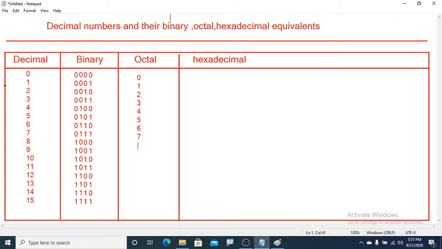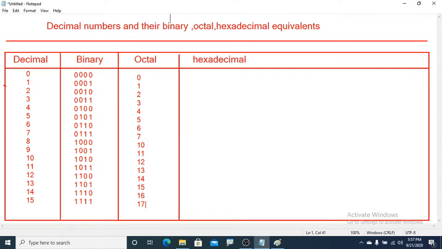There is no 8 and 9 for octal numbers, right? So now this 1000 is for 10. Then 11, 12, 13, 14, 15, 16, 17.